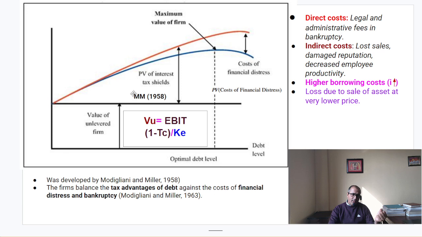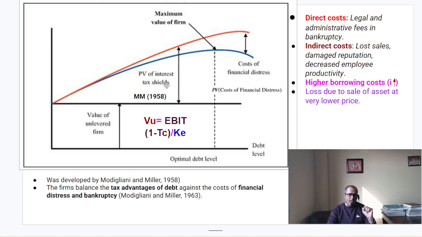That is why there will be the present value of debt tax shield, or interest tax shield. The equation is D into TC, that is, the debt amount into the corporate tax rate. Okay, so this is all about the present value of debt tax shield.